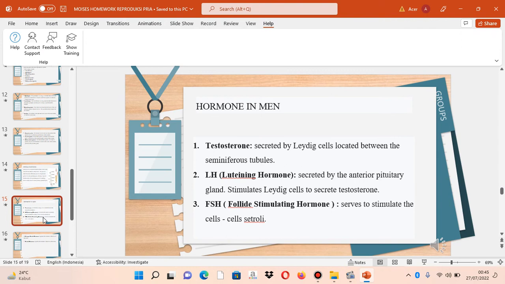Testosterone is secreted by Leydig cells located between the seminiferous tubules. And the second is LH, luteinizing hormone. The luteinizing hormone, secreted by the anterior pituitary gland, stimulates Leydig cells to secrete testosterone. And the third is FSH, or follicle stimulating hormone, serving to stimulate the Sertoli cells.